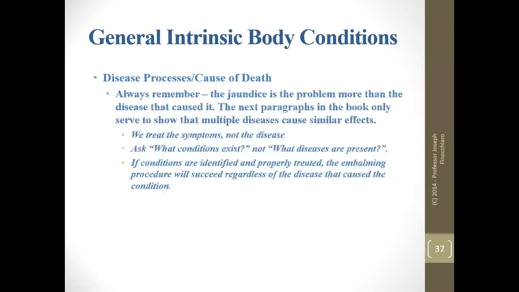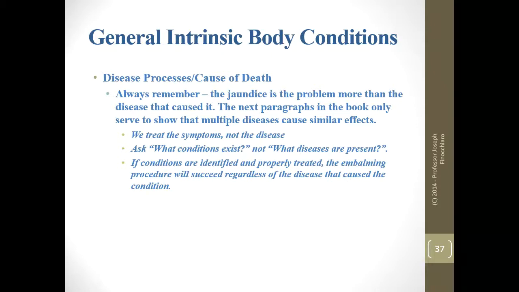We can observe and make speculations from what we see on the body in regards to disease processes. Always remember, jaundice is the problem more than the disease that caused it. Okay. Next paragraph of the book only served to show that multiple diseases cause similar effects. We treat symptoms, not the disease. Always ask, what condition exists? Jaundice exists. Not, well, let's see, was that hepatitis or was that something else?